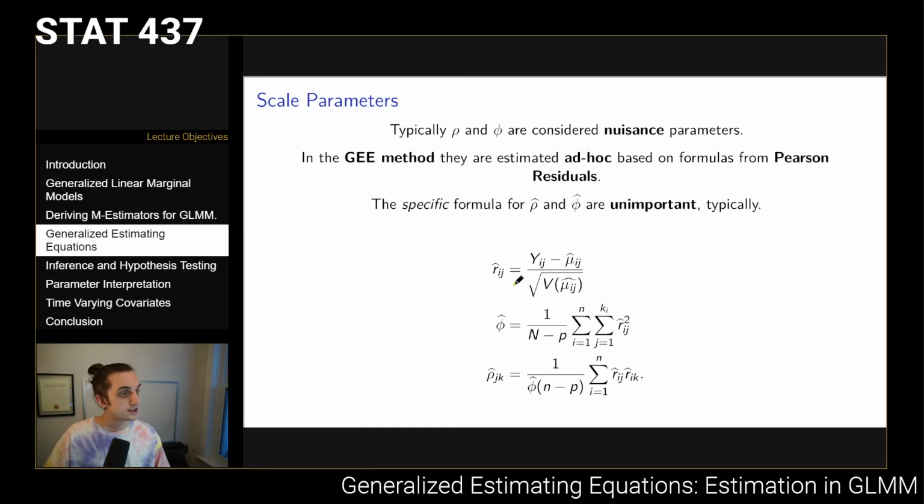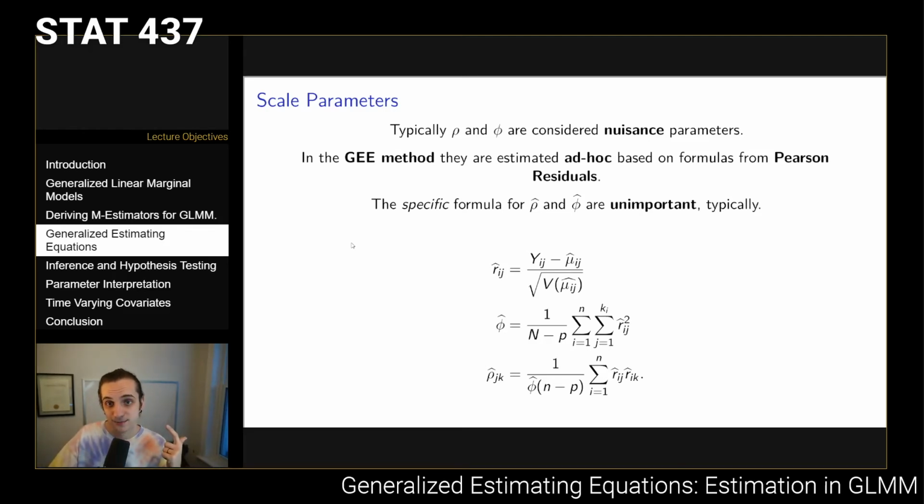Okay, and so with these estimated, then we can actually plug those back in and get estimates for our values of beta hat. The way this process is going to work, it has to be iterative because none of these equations can be solved explicitly, right? So we start off with some initial value for beta hat. Then we use that initial value to compute these ad hoc values for phi hat and rho hat.